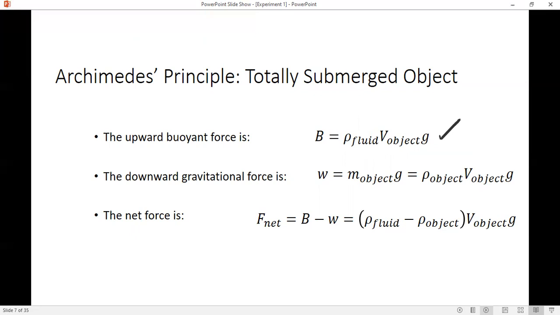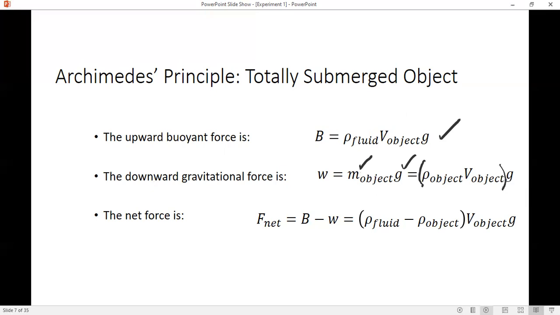The downward force, the weight of the object, is simply the mass of the object times the acceleration of gravity. But again, we can use density and volume to replace mass. And we do that right here. So the density of the object times the volume of the object. Again, we're talking about what is the downward force on the submerged object.